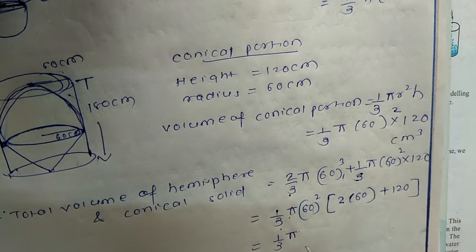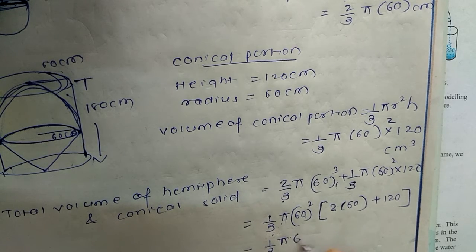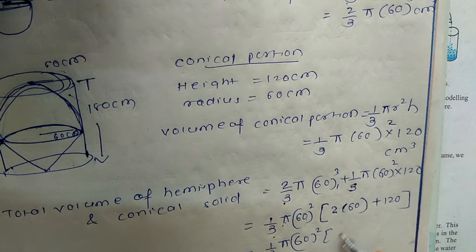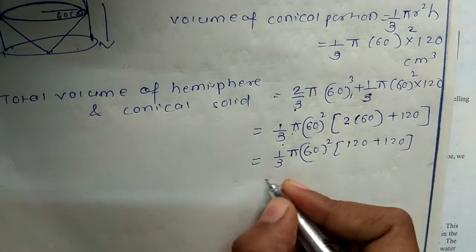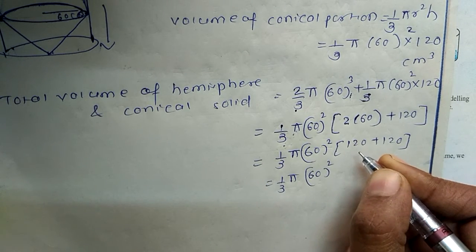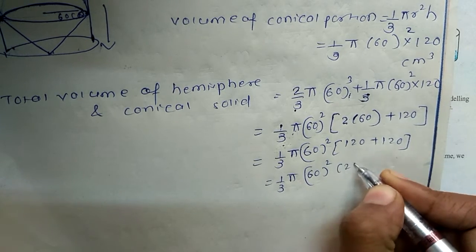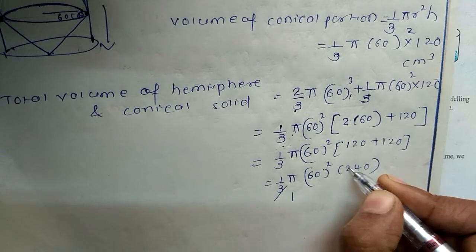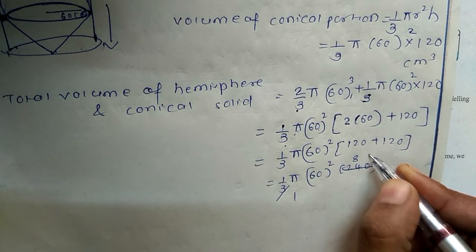Next pi also I'll keep as it is, because for further calculation again we need here pi, then 60 square, these two I'll calculate, 2 into 60 is 120 plus 120, so 1/3 pi 60 square, this 120 plus 120, that is 240, and this 240 I'll divide with 3, 3 ones are 3, 3 eights are 24, and here 0.